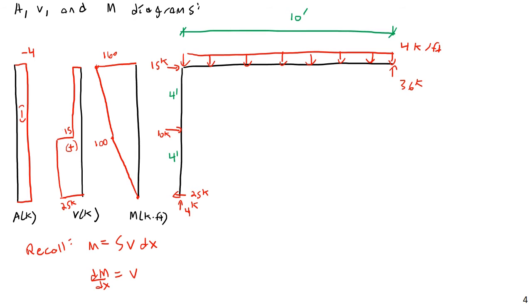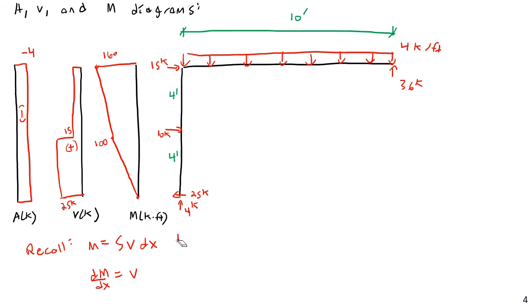Is there any relationship between the axial load and shear and moment, as we have with shear? The question is, is there any relationship between axial load, shear, and moment? And the answer is, as long as it's centrically loaded, no. If there is any kind of non-centric loading, for example, if the column were bent, and I apply an axial load like this, I in turn generate a moment.